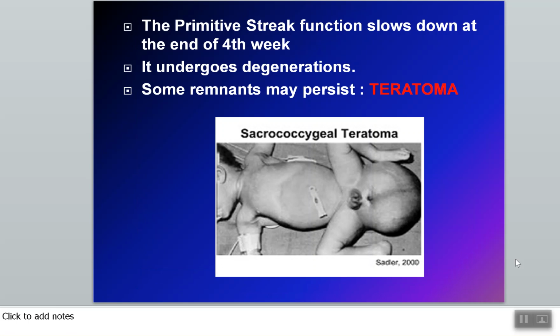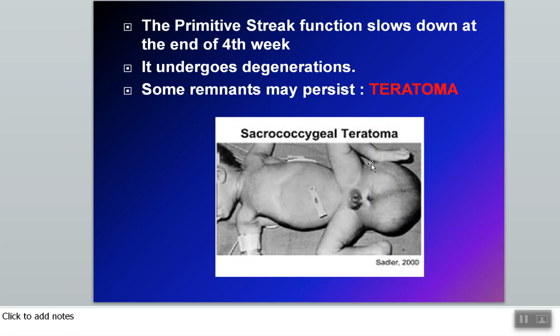Sometimes the primitive streak function slows down at the end of the fourth week normally, but sometimes the primitive streak remains. As a result, we have excess migration through the streak, and with the remaining primitive streak after the normal time and excess migration, we have some abnormalities, especially in the sacrococcygeal area.